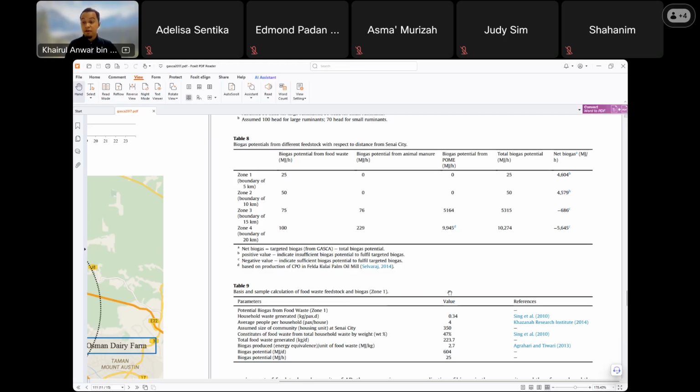So for this value, 10,274 minus 469, 4,629 is the net generation of gas GT. Right, yes. Okay.